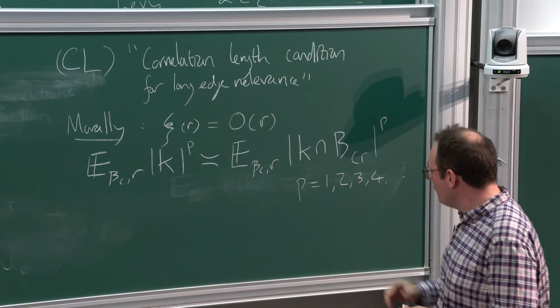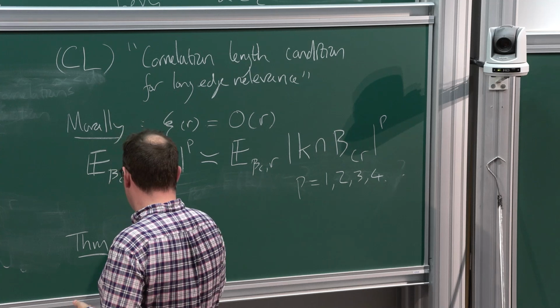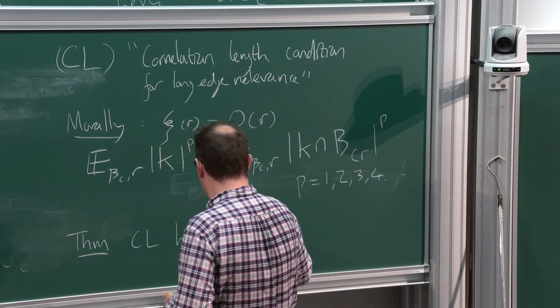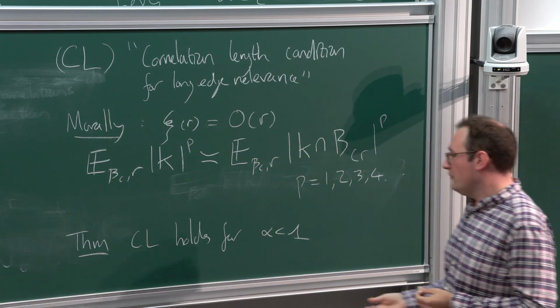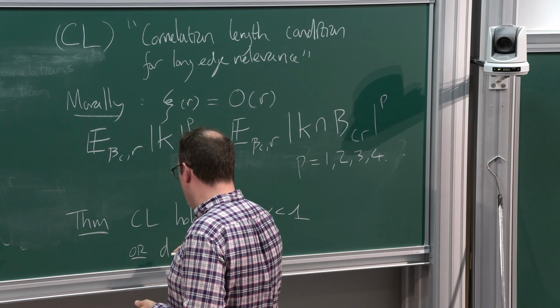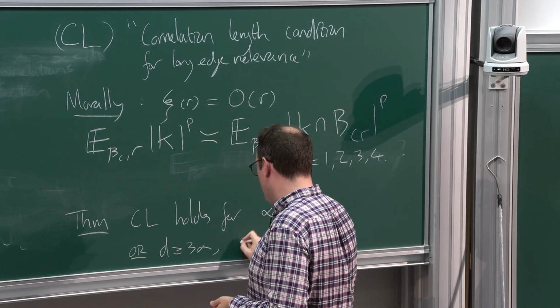Okay, so one theorem, by the way, is that CL holds for alpha less than 1. It also holds when D is at least 3 alpha and alpha less than 2.